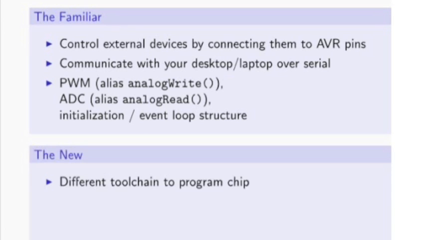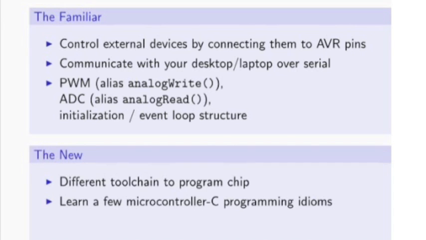The things that are going to be new are a different tool chain to program the chip. Instead of the built-in USB serial, we'll have to actually use a physical intermediary. I'll show you how to turn your Arduino into that physical hardware programmer. Other things we'll need to learn is a couple microcontroller C programming idioms that make your life easier, and this is going to be under the bigger rubric of bit twiddling.